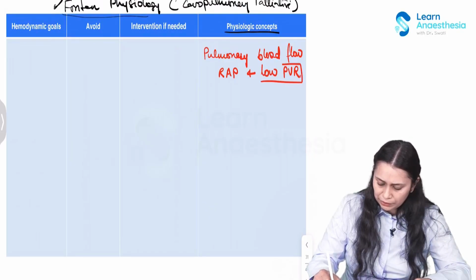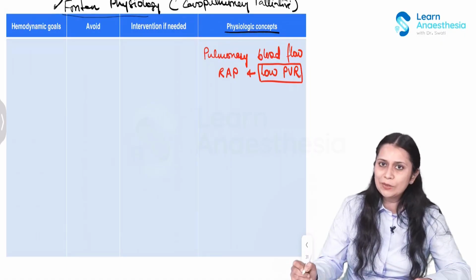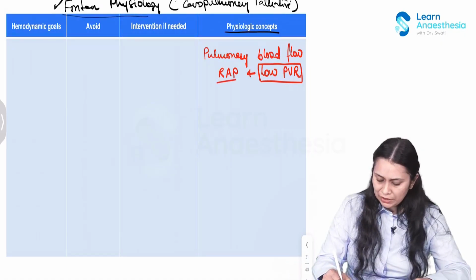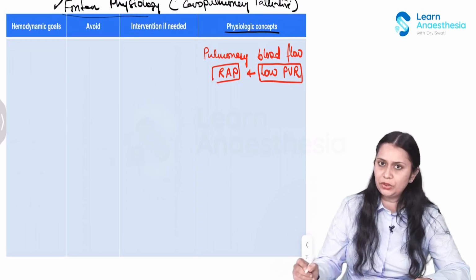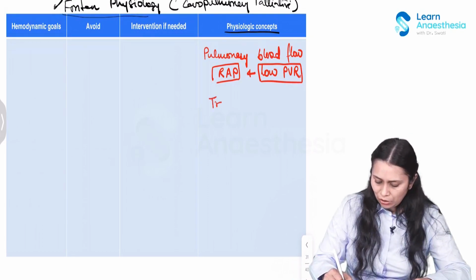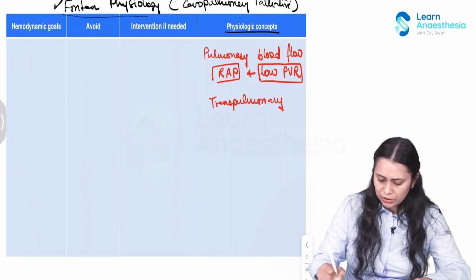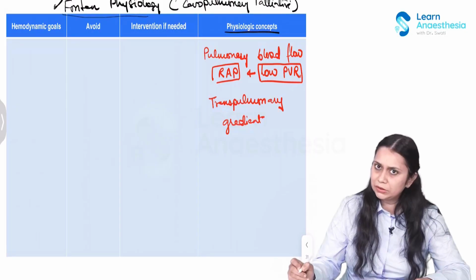So we have to keep the PVR as low as possible and we have to maintain the right atrial pressure. So on this transpulmonary gradient, your pulmonary blood flow depends, right?